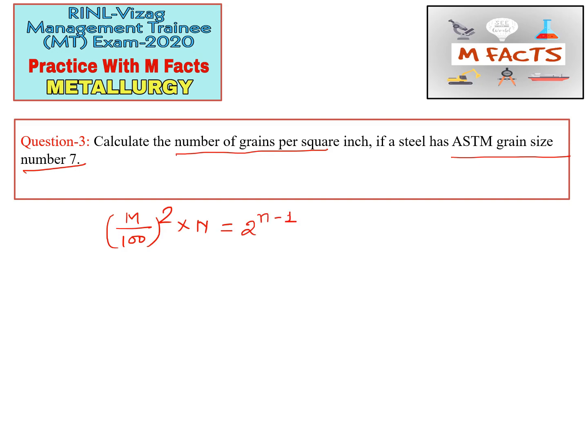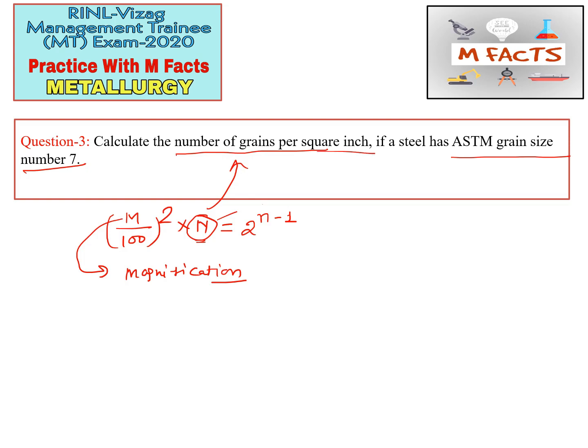So what is this M value? M is magnification. This N is the number of grains per square inch, so the unit for this value is number of grains per square inch.